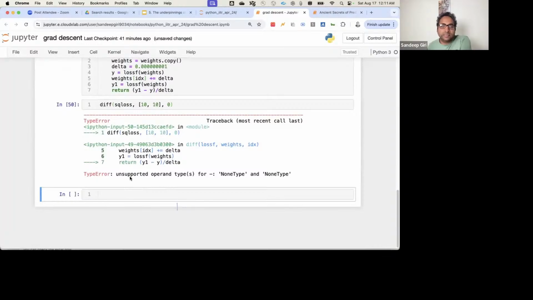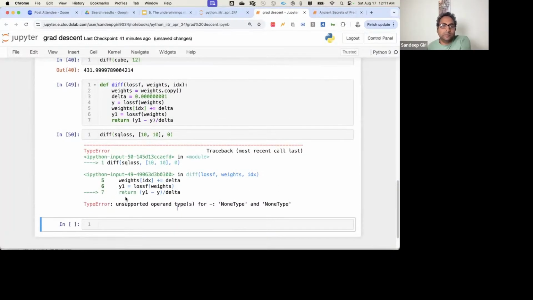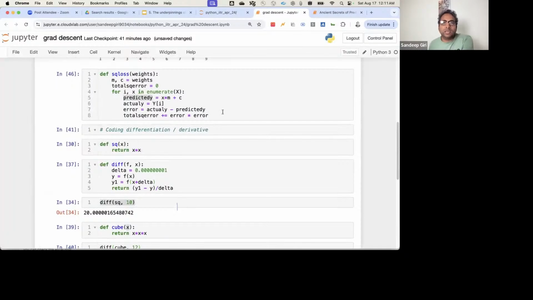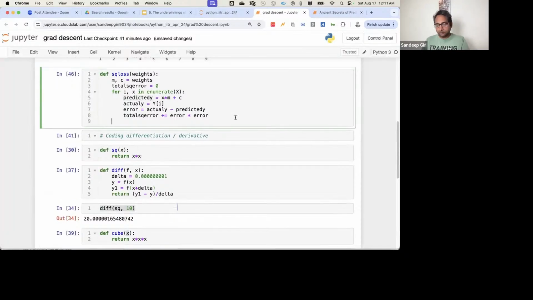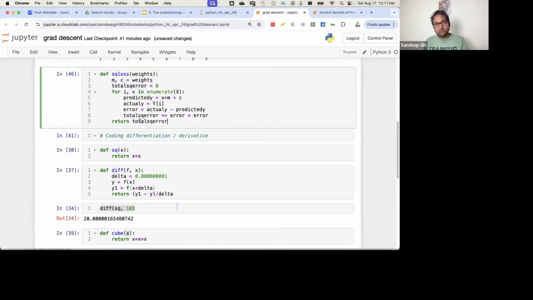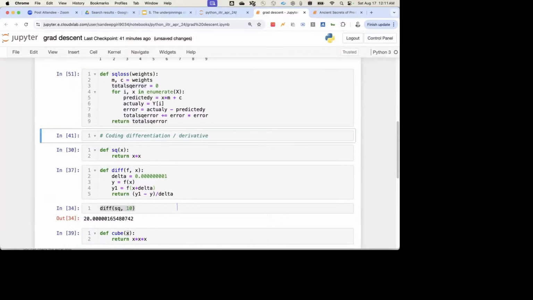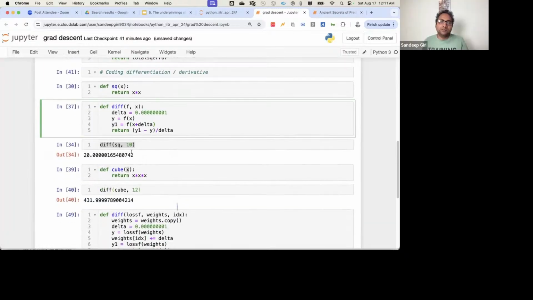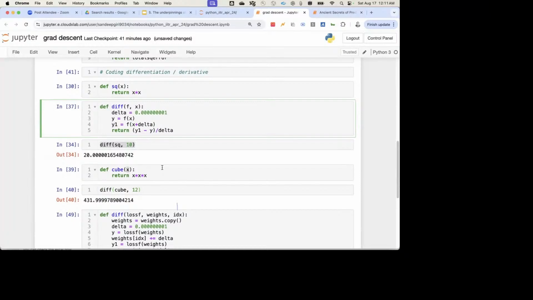Now it says the operator is not supported on None type. Our function did not return the total error. In line number 4, we are using X and Y in the same squared loss method.